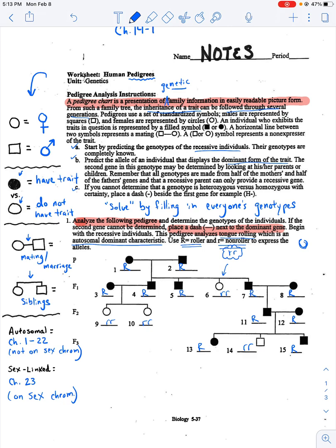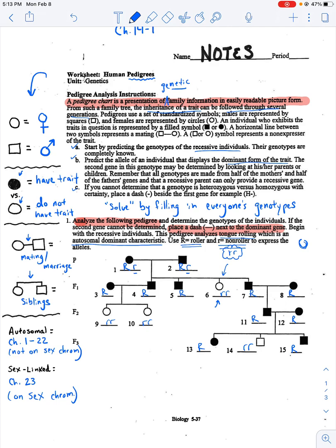So here's an example. Number 6 is a female. She is homozygous recessive, and she is the daughter of 1 and 2, and that means that both 1 and 2 had to have given her a little r for her to be a non-roller. So I use the daughter here as a way to backtrack and figure out what the second allele is for both 1 and 2.